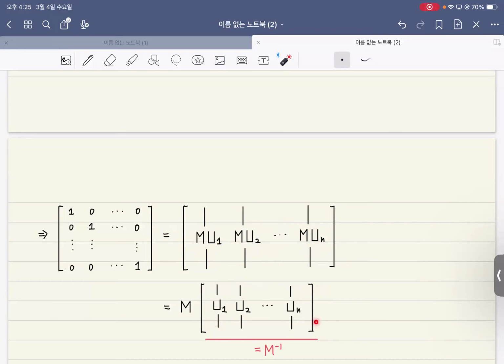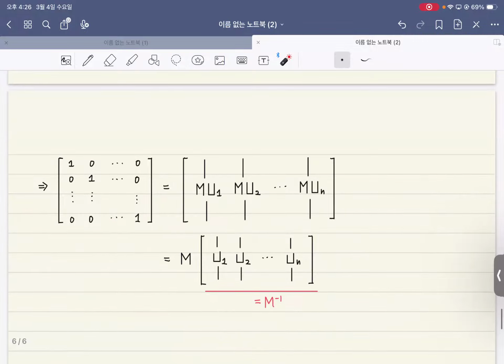Because this is an n by n matrix, and every column of the other n by n matrix is actually these vectors u1, u2, up to un. If you multiply them, the resulting matrix has columns that look like this, which is precisely this guy. And do you recognize this? This is actually the identity.